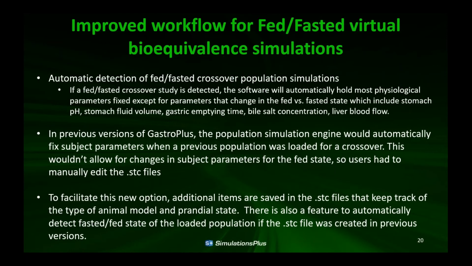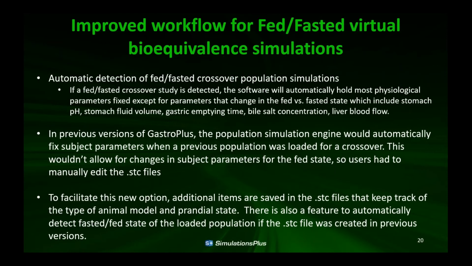So when a previous population result was loaded for a crossover, if you wanted to use this population simulation result but run a different state, like you load a fasted condition and you want to run a fed state in a crossover study, then the user needed to manually go back to this result file, the STC file, and manually edit these parameters.